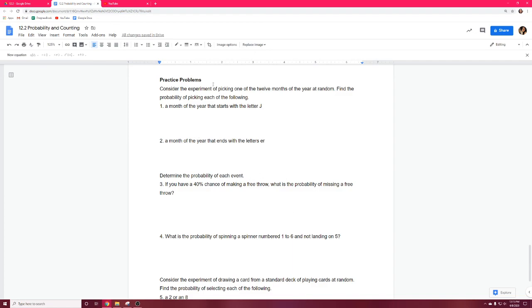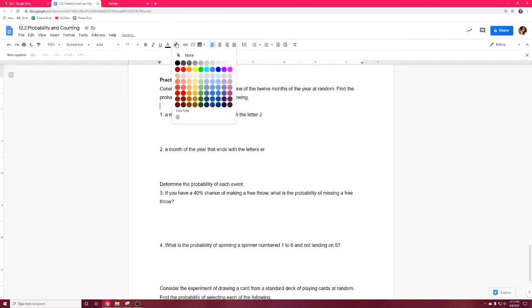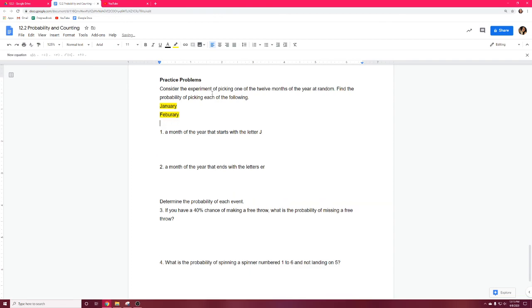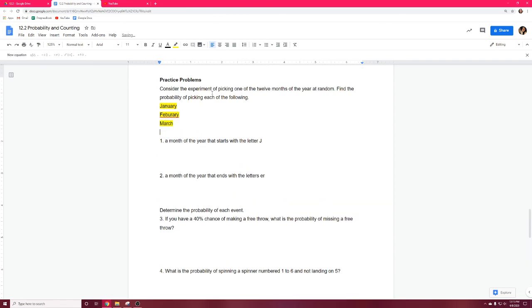So consider the experiment of picking one of the 12 months of a year at random. Find the probability of picking each of the following. Okay, so again, I want to first list all my possible outcomes. 12 months: January, February, March, I know I will spell something wrong.